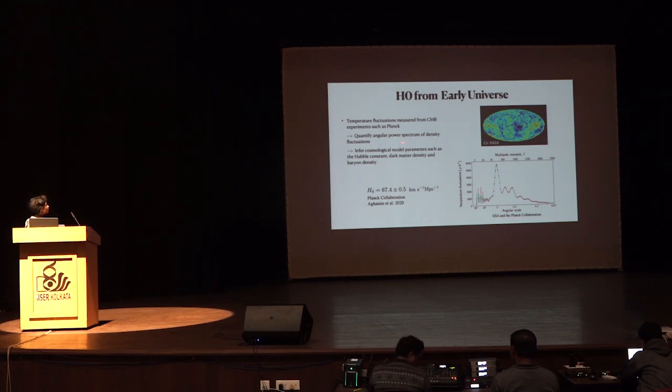We can infer these cosmological parameters such as the Hubble constant by fitting a cosmological model to the angular power spectrum, this kind of angular power spectrum. And the latest results from the Planck collaboration predict a value of 67.4 with a sub-percent accuracy on the H0.